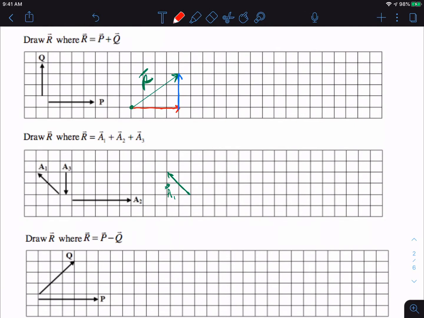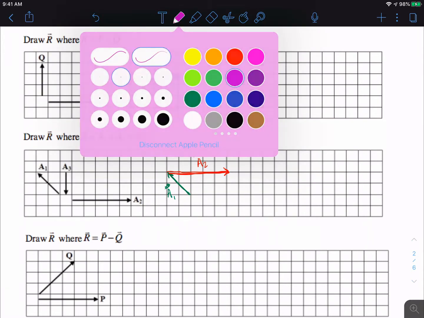And then A2 is 1, 2, 3, 4, 5. And then A3 tells us to go down 2, so we'll go down 2.